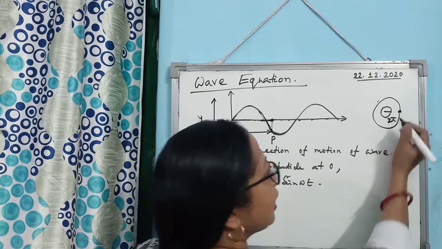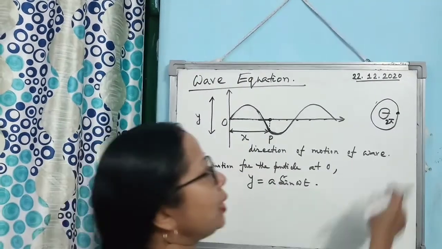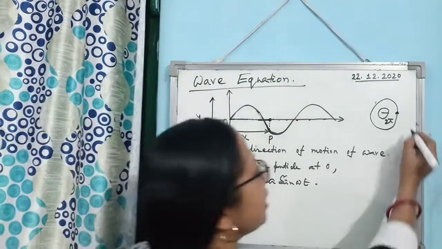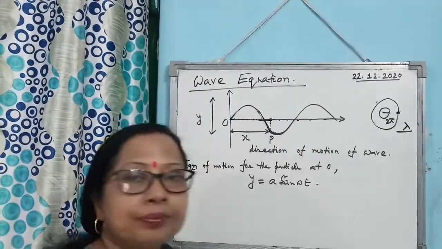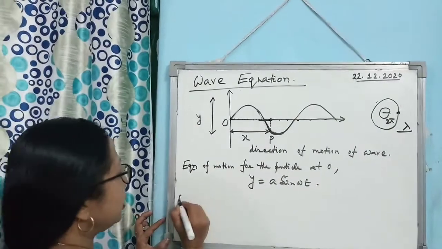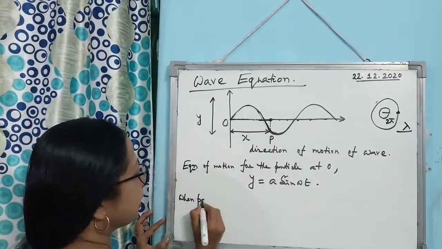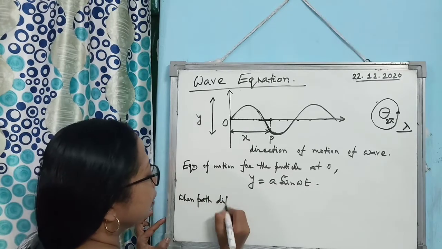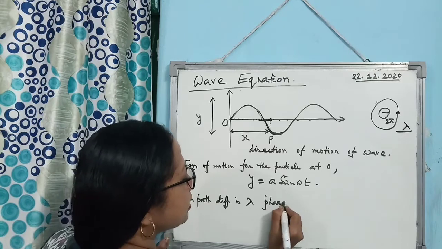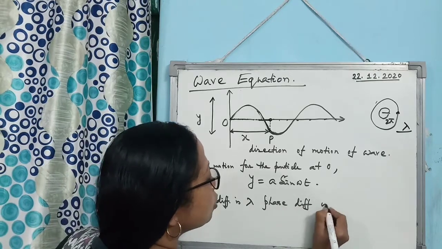It is making the angle 2 pi. And when it comes to the same phase, how much distance is it travelling? It is travelling a distance lambda. So this is the point you have to understand: when path difference is lambda, phase difference is 2 pi.